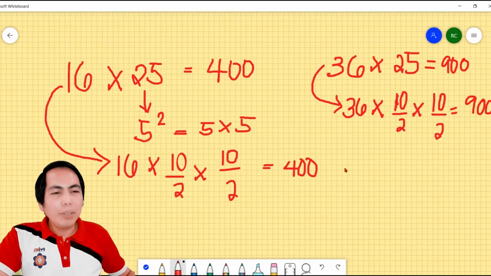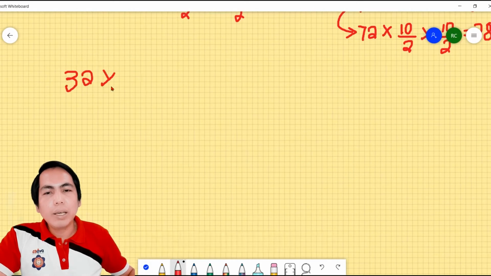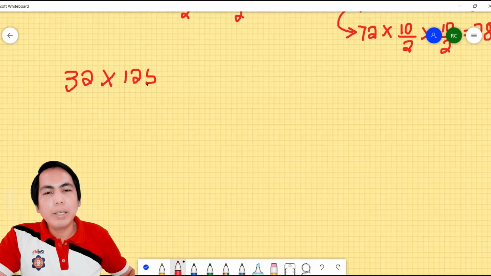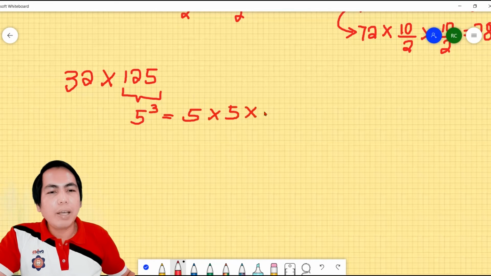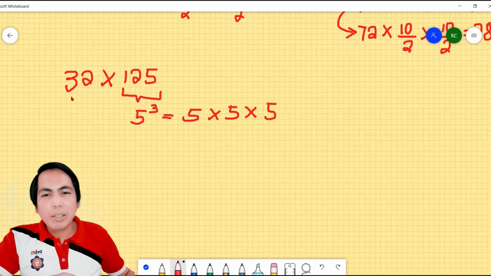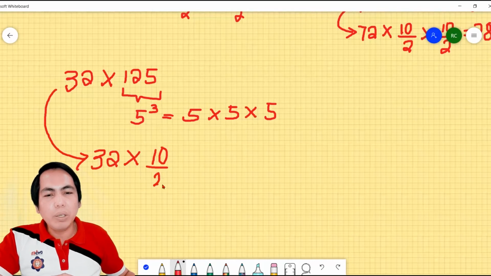Now, how about if we have 32 times 125? We know that 125 is just simply 5 raised to the power of 3, or 5 times 5 times 5. So 32 times 125 can be renamed as 32 times 10 over 2 times 10 over 2 times 10 over 2.